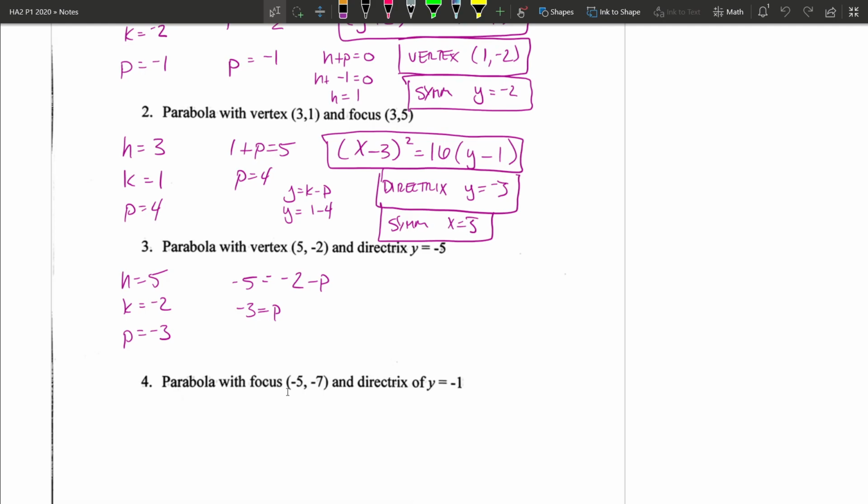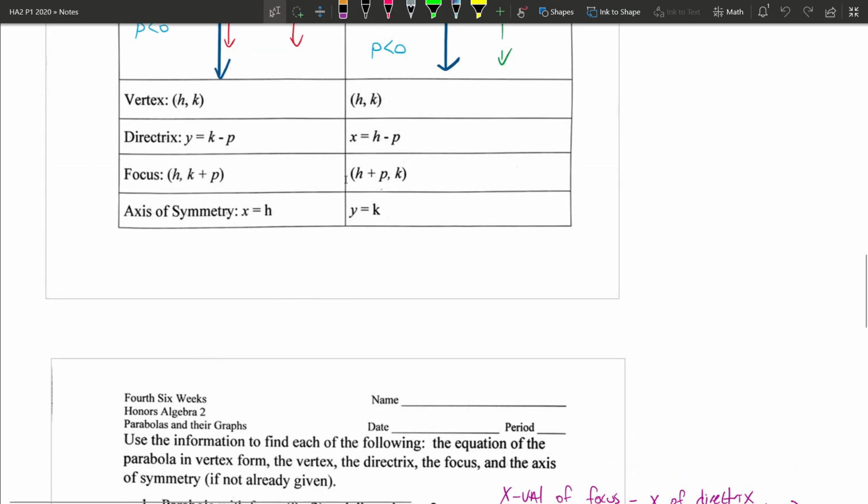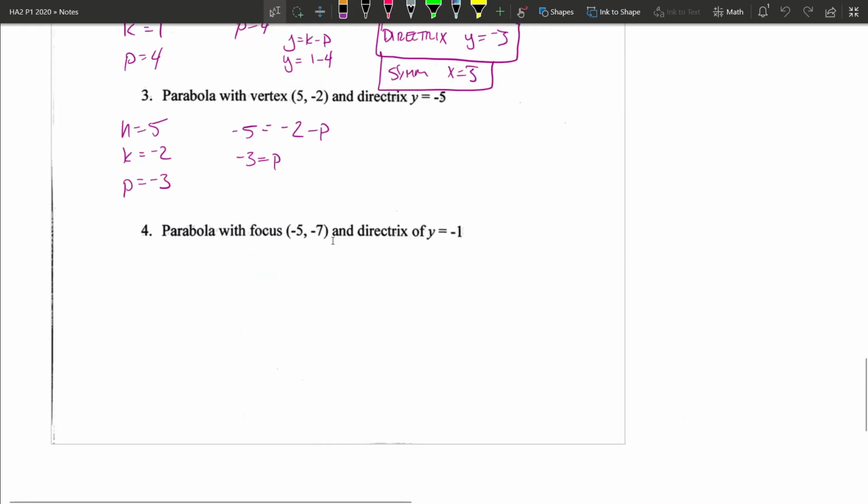We're going to write that back down in our vertex form. This is another vertical opening. So this time we'll do (x minus 5) squared equals 4 times our p. p was negative 3, right? So negative 12. Oh no, hold on, I mucked that up.